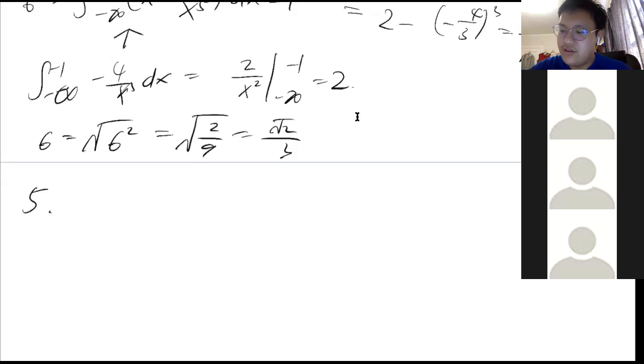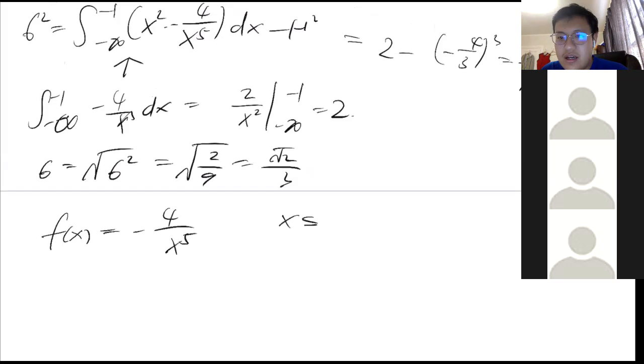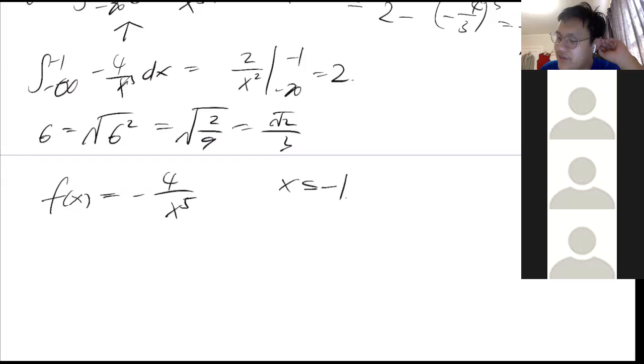It seems that I forgot to mention how you find the mode for problem 4. For the mode in problem 4, f(x), the PDF, is -4 over x to the 5th, and the range of x is less than -1. For finding the mode, you are always finding the maximum of the PDF in the range.